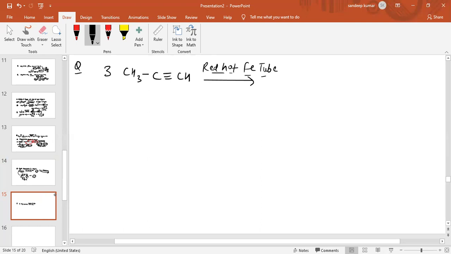See. The product obtained is mesitylene. There are alternate pi bonds, with CH3 on this carbon, on this carbon, and also on this carbon. This product we call mesitylene. So this is basically the mesitylene product.